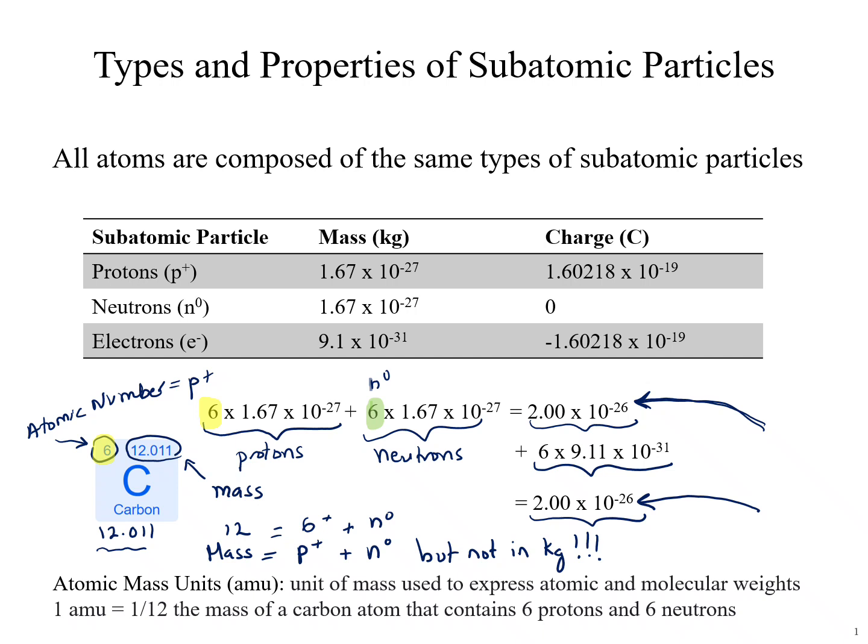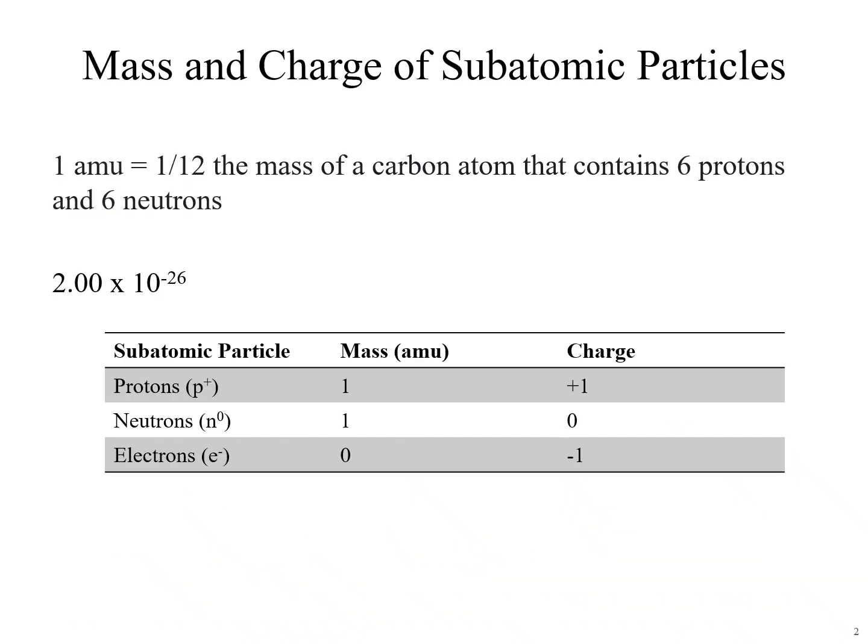That's going to be the unit that we assign to the masses that we have for the different elements on the periodic table. So the mass of the different elements is given in atomic mass units.